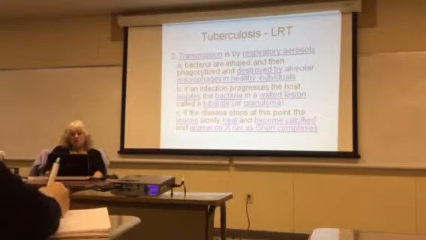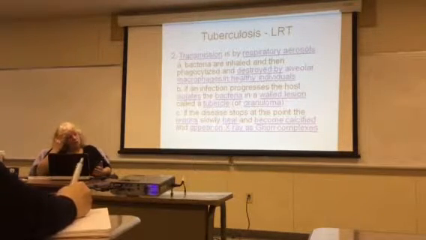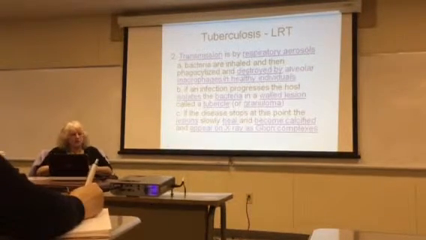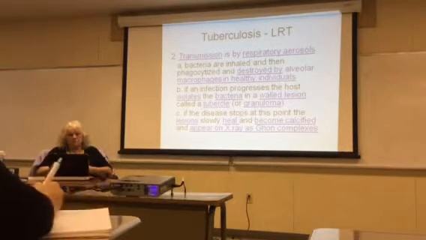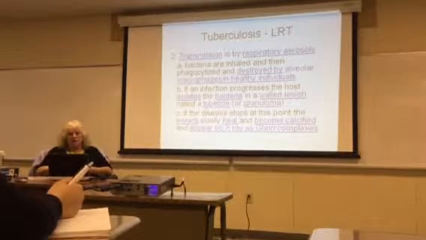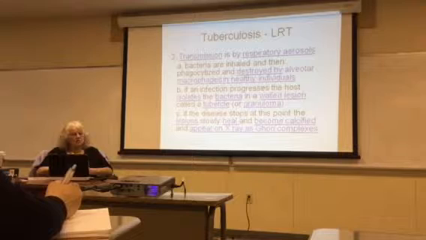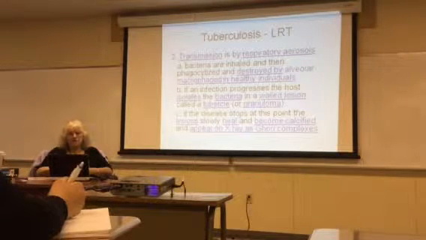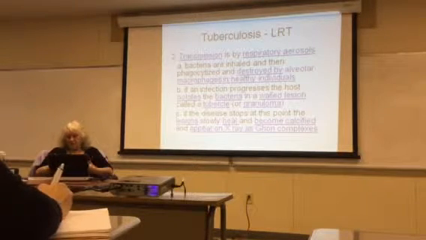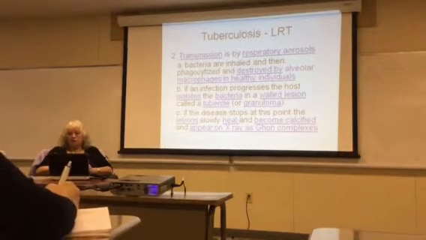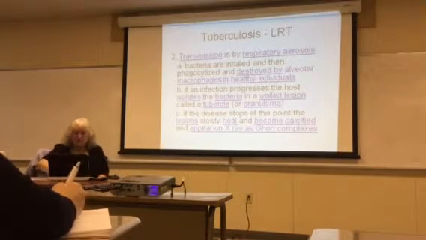If the infection goes past that stage, then the host will isolate the bacteria in a walled-off lesion called a tubercle or granuloma. And if the disease stops at this point, then those lesions will slowly heal and they become calcified. And so if you take an x-ray of somebody with these lesions in their lung, you can see them, and they call them Ghon complexes on x-ray.